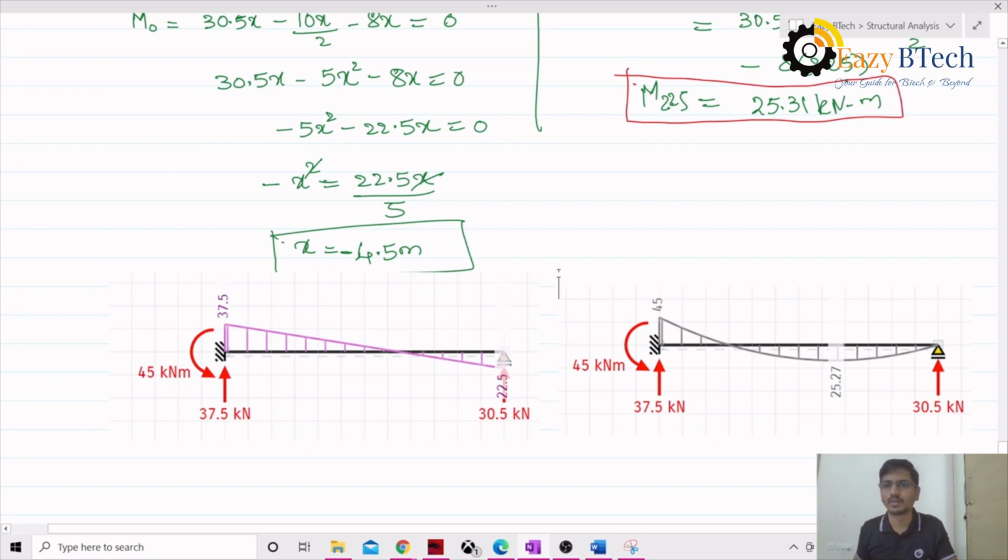So with this, we have found the reactions, the shear force, and plotted the shear force diagram and the bending moment diagram. The third important thing they ask us to find is deflection.